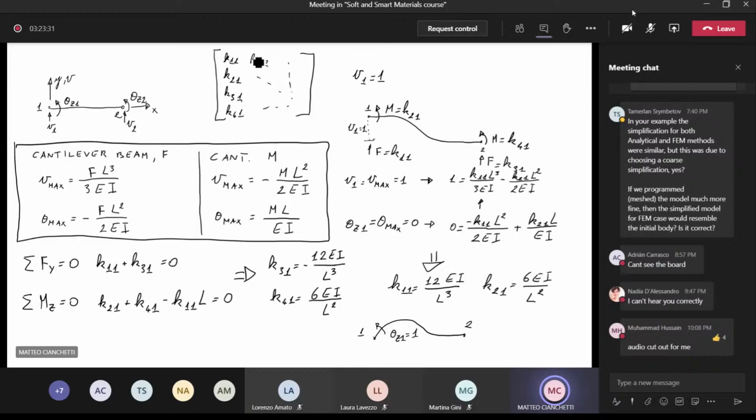The procedure that we saw together is defining the first column. Activating the rotation about node 1 on Z is defining the second column, activating the vertical displacement of node 2 is defining the third column, and activating the rotation of node 2 about Z is defining the fourth column.